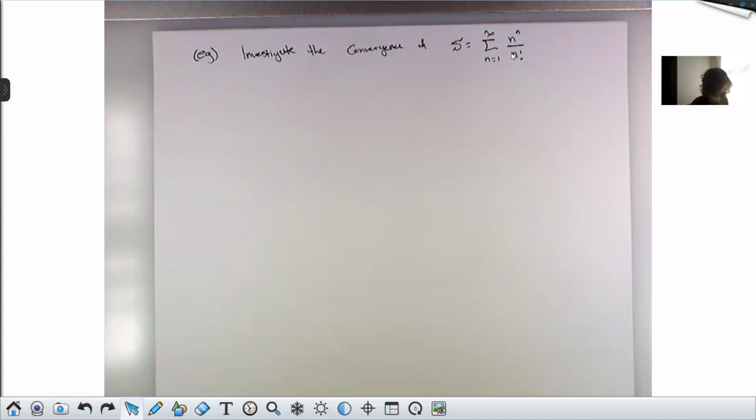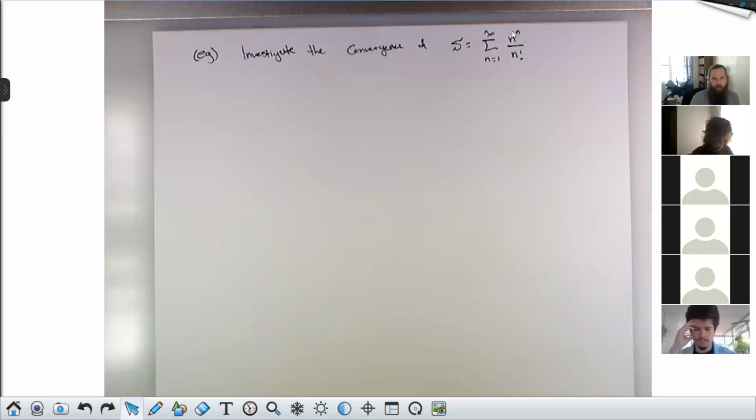If the top and bottom were both being raised to the nth power, I would suggest the root test. Remember, that's our little clue to use the root test, if you've got a bunch of stuff all raised to the n. But here, the top is raised to the n, but the bottom is not. And what's more, I see this factorial, and factorial always screams ratio test.